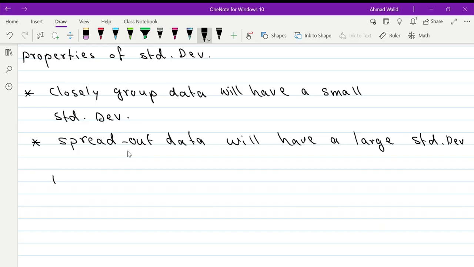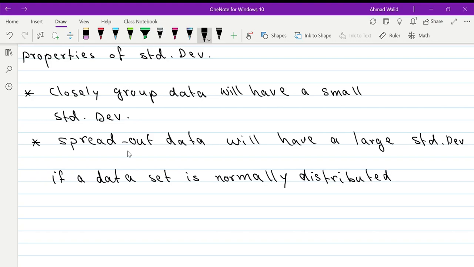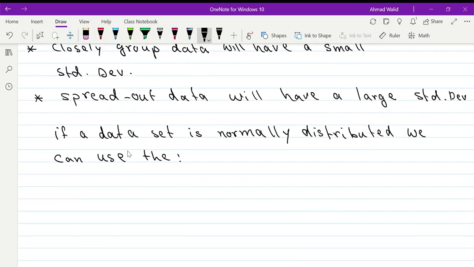Another note that I want to put for you, if a data set is normally distributed, we can use the empirical rule, correct?